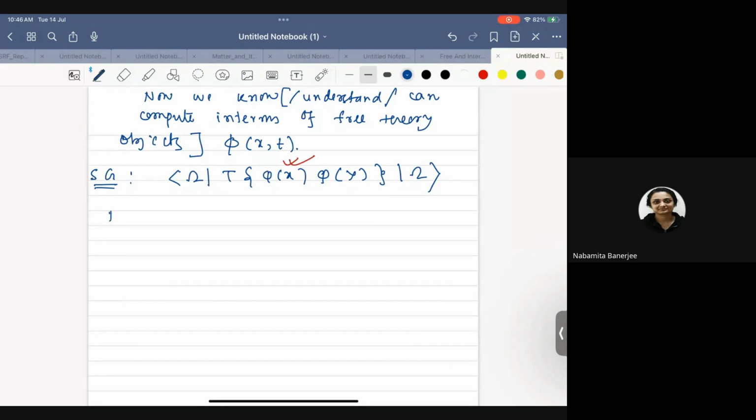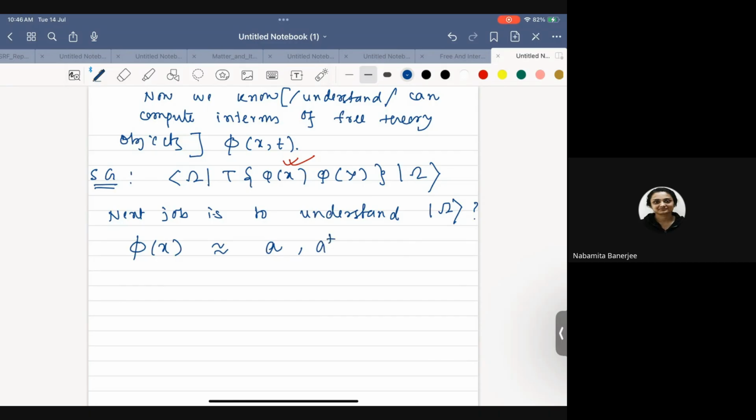So the next job is to understand, again in my way of defining understanding, omega. When I say I know, I basically mean I can express this phi(x) in terms of a and a dagger of my free theory.